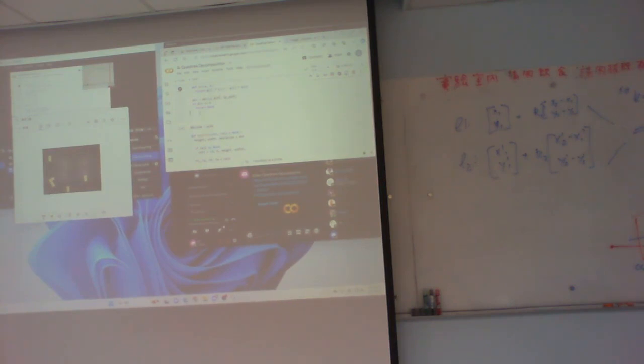But then we have to calculate these b's first, right? We don't have those. So we have to calculate those first from x1, x2. Yes, because this is not going to work for vertical lines, because we cannot represent those at all.